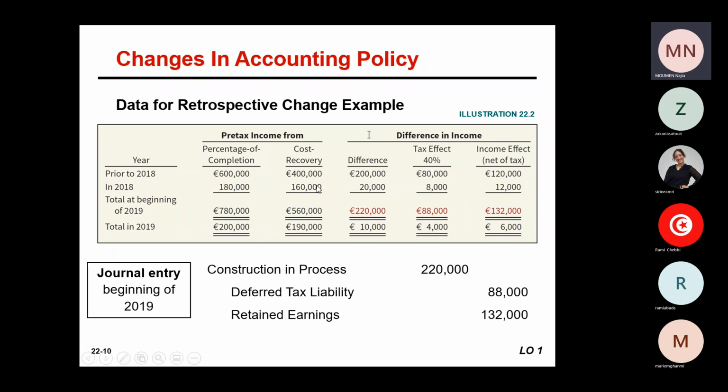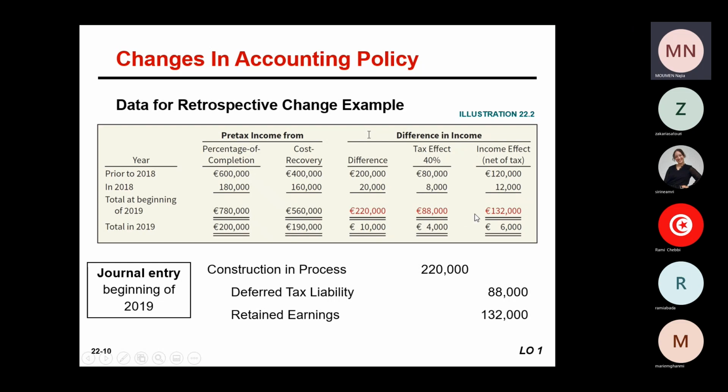for that change from the cost recovery to the percentage of completion, because we are obliged to use the retrospective approach, meaning we have to adjust for prior periods and of course show the prior periods as if they were using the percentage of completion method.